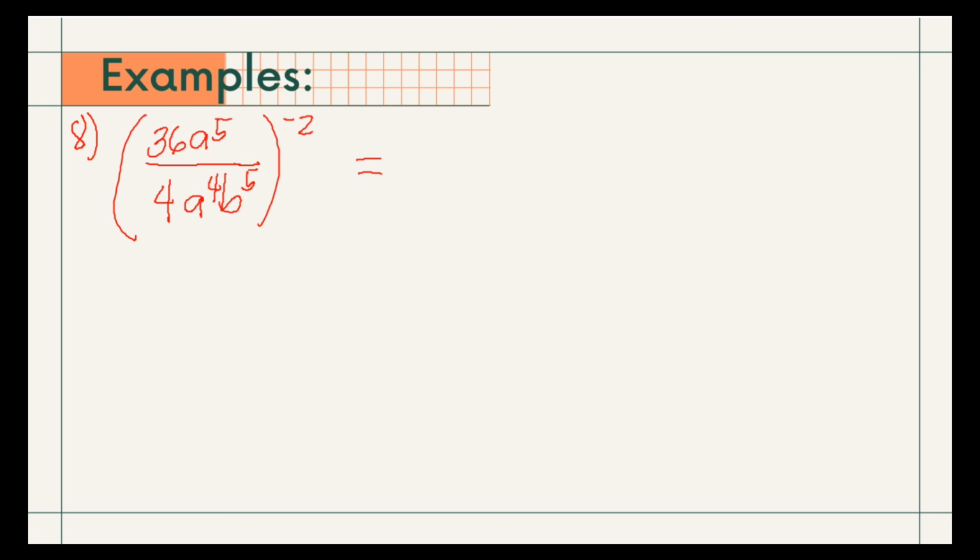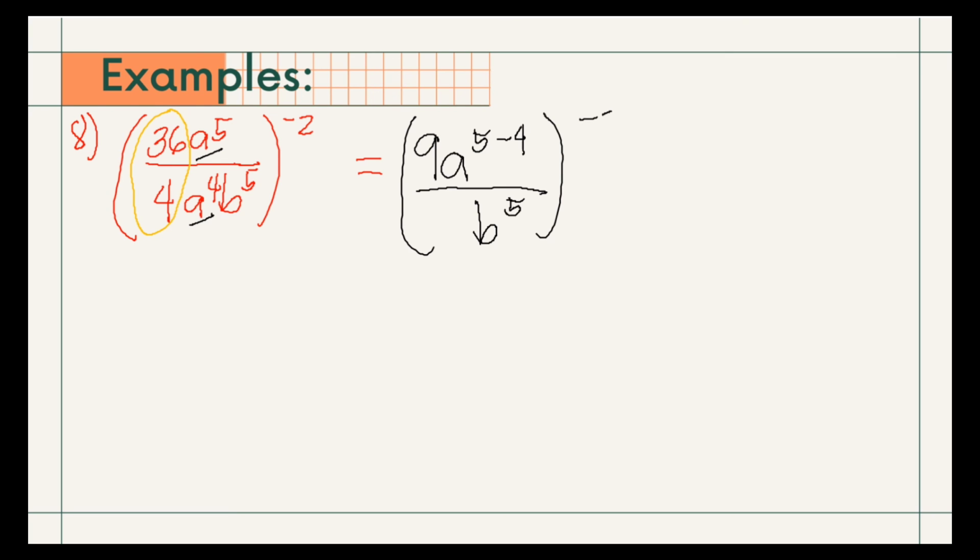So, we have, since pwede natin ma-divide si 36 by 4, so divide muna natin. So, 36 divided by 4 is equal to 9. And then, etong a, so we have a raised to 5 minus 4. So, si b, since wala naman siyang same base, at nasa denominator siya, stays lang siya sa denominator. Then, raise this by negative 2.